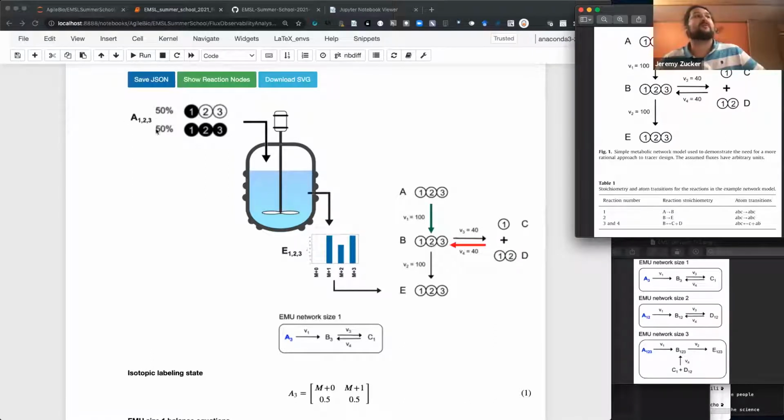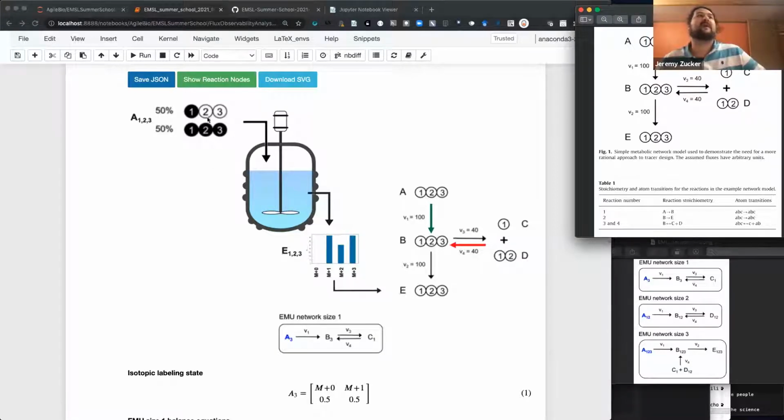And from A123, we can then easily calculate what A1 is. So A1 is fully labeled, so its MID would be 0, 1. A2's labeling state would just be 50% unlabeled, 50% labeled, so its MID would be 0.5, 0.5. And A3's would also be 0.5, 0.5.